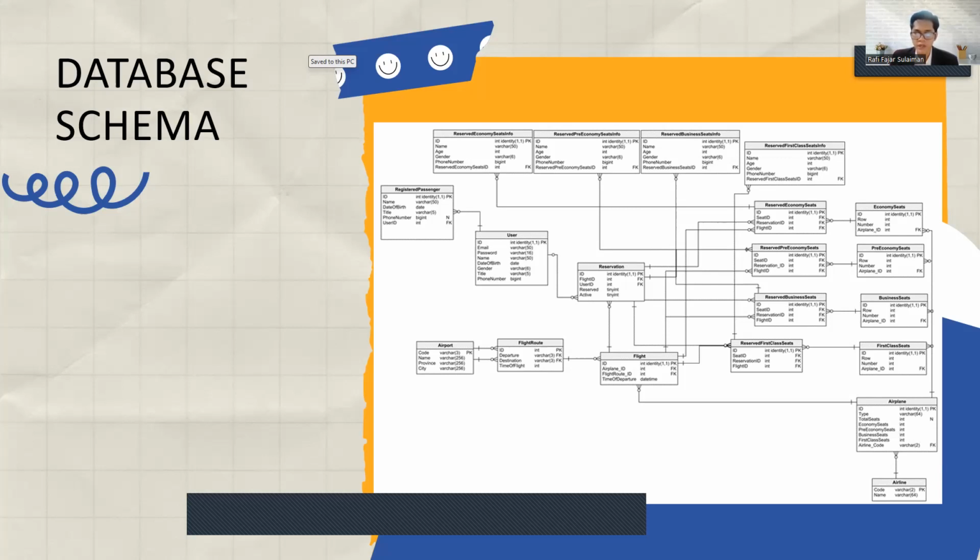And then we have the airport table, which consists of the airport IATA code, and then the airport's name, and the airport's location. And then connected to flight, which is the airplane table, we have the type of airplane, for example, Boeing 777-300ER.